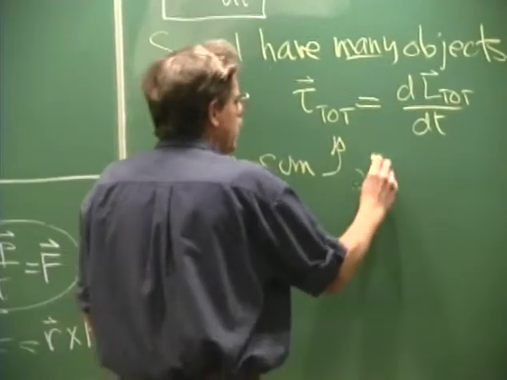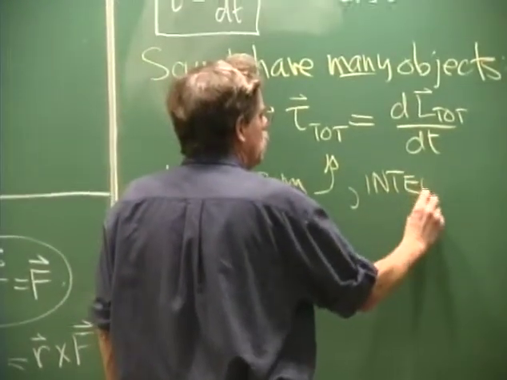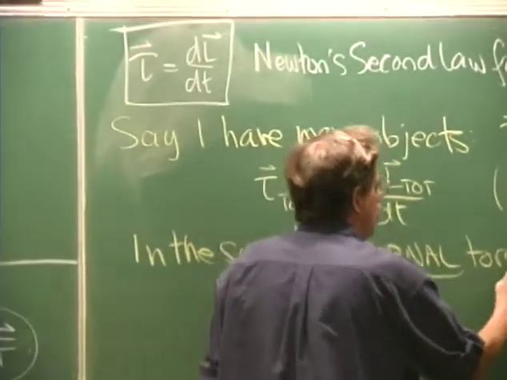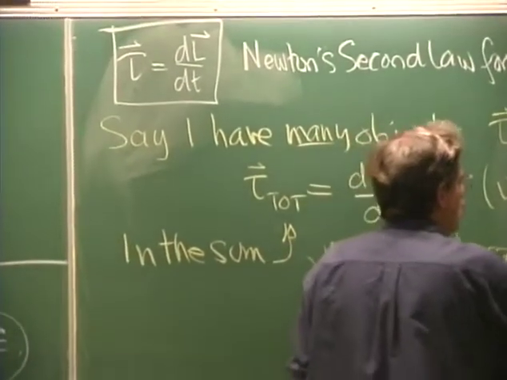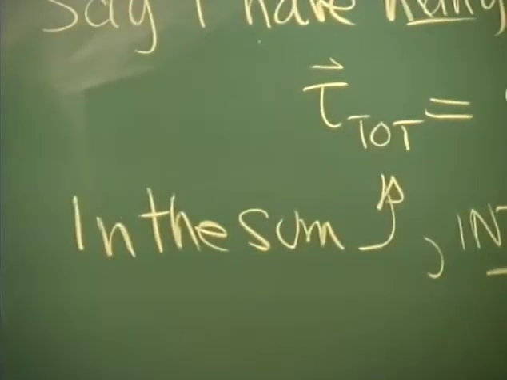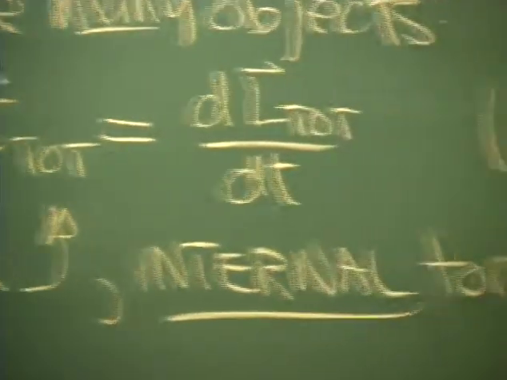In the sum, internal torques cancel out. Why is that?